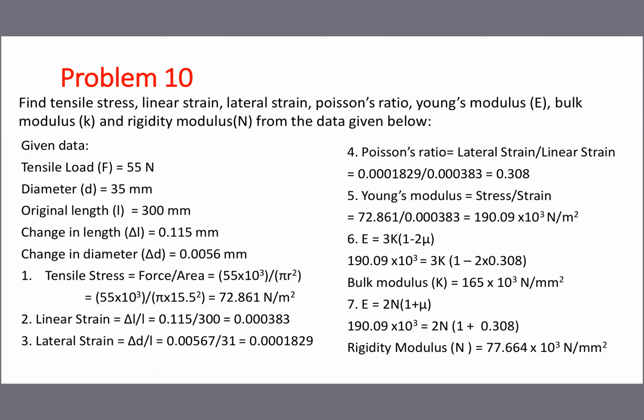For the rigidity modulus, move all the values, simple calculation. N is equal to 190.09 divided by 2 into this value. Finally, you get the rigidity modulus. So first tensile stress, second linear strain, lateral strain, Poisson's ratio, Young's modulus, all three moduli we calculate.